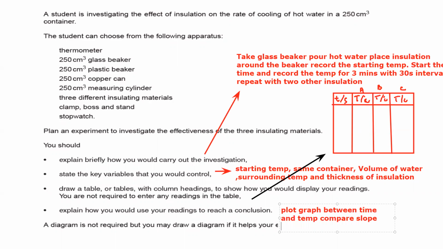The one which is less steep, the smaller slope, shows a smaller rate of cooling, or it will be effective insulation. So the one which has a smaller slope will have a smaller rate of cooling.